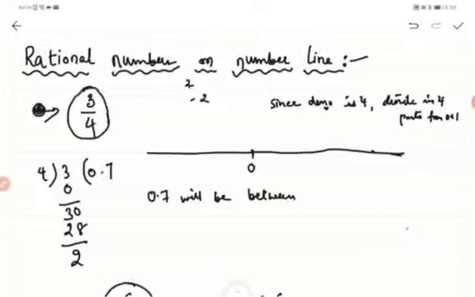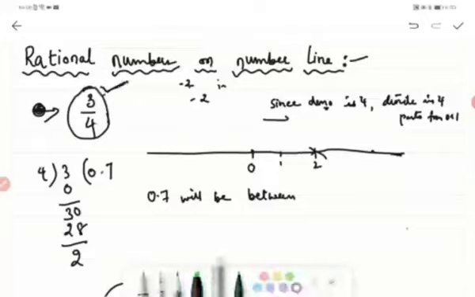If it is +2, on the right side, 1, 2, you will plot here. It is easy for you to plot integers and whole numbers, but how to represent on the number line a rational number, or you can say a fraction? Let's see how to do that.